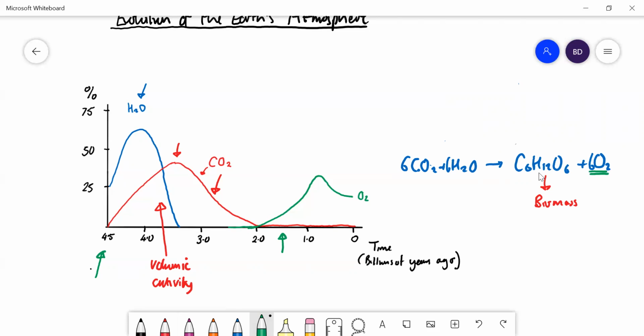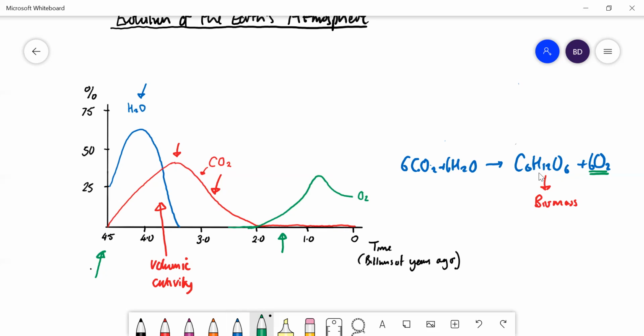There's a lot of iron in the Earth's crust, and it reacted with the oxygen to form iron oxides. It was only when all that iron had been used up that the levels of atmospheric oxygen could start to rise, getting up to about the 20% that we see today. So that oxygen rise is entirely due to photosynthesis.